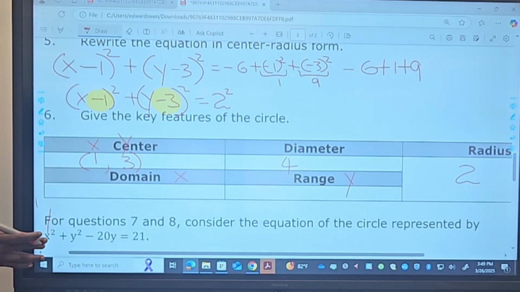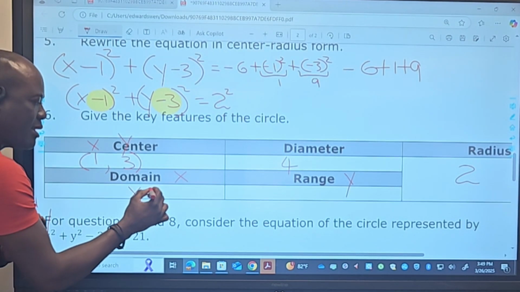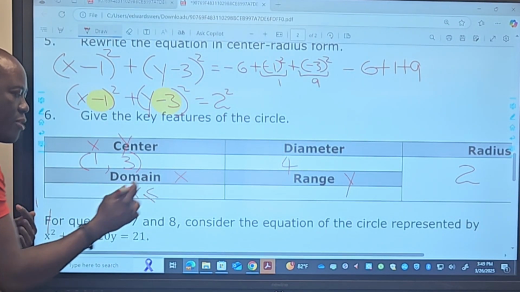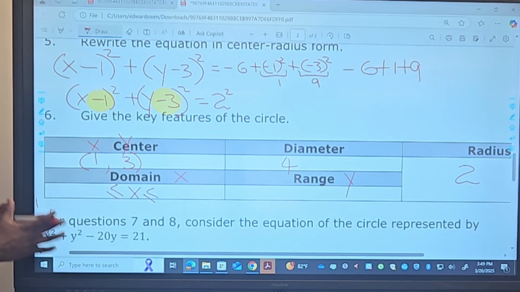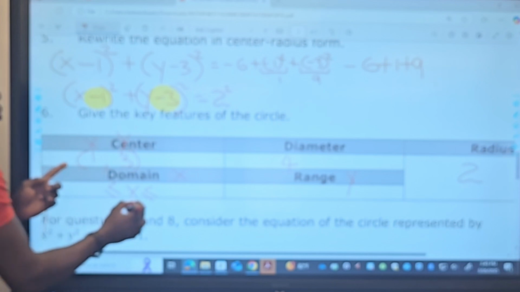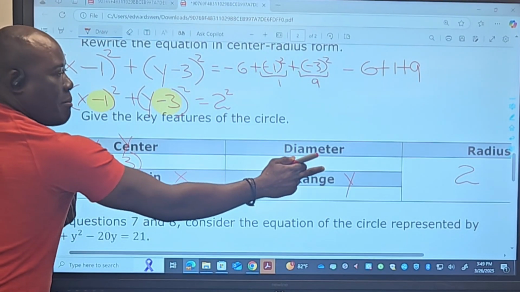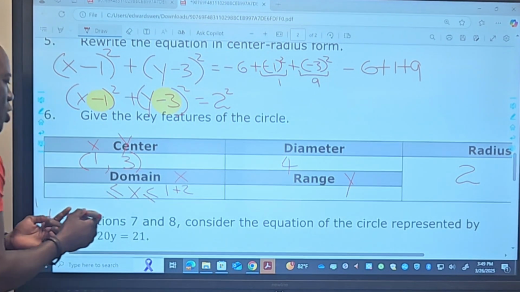There's a quick way that we could find the domain for this. Let's take a look. So x will be less than or equal to some number, but it will be greater than or equal to some number. What we're going to do is take the coordinate at the center, which is 1, and then I'm going to add my radius, which is 2, so it's going to give me how far right I'm going to go.